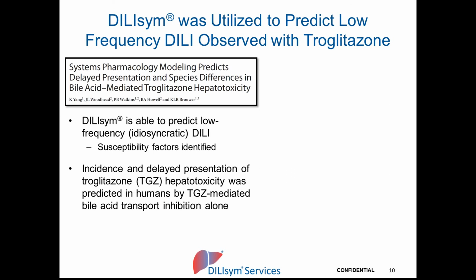So to summarize, DILIsym was utilized to predict this low frequency or idiosyncratic DILI that was observed and reported for troglitazone. This work has been published and is available in the literature. We also identified a number of possible susceptibility factors that might have been used to separate responders from non-responders prior to dosing.